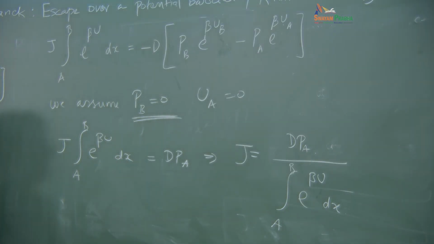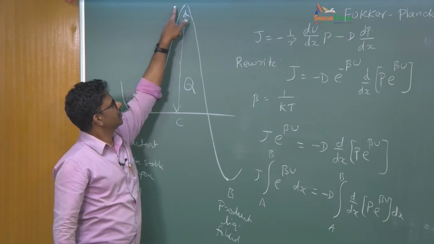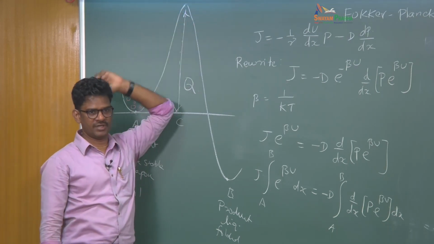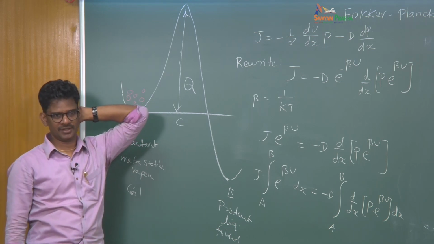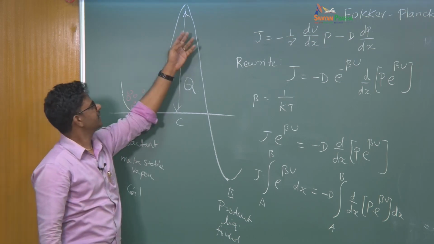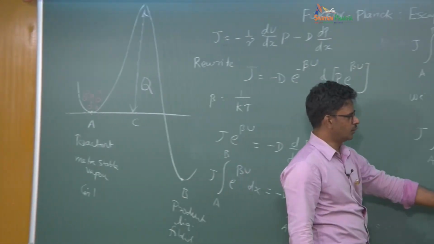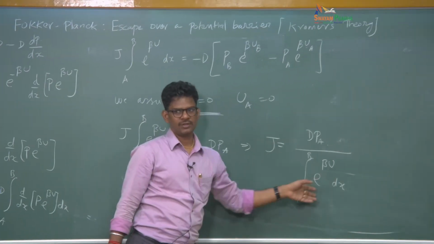What is usually done here is we look at the functional form. We will assume that the potential can be approximated in a parabolic, quadratic form. So we can expand the potential around here and substitute that u here, so you can analytically solve this integral.